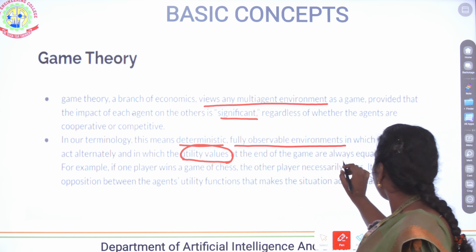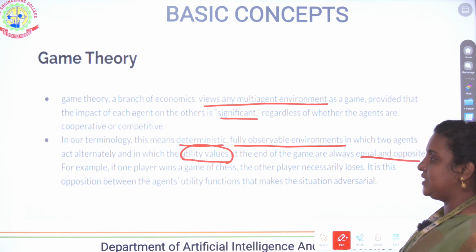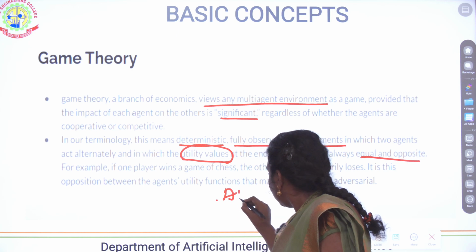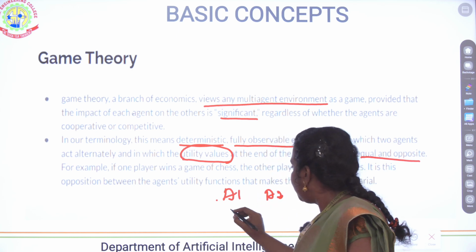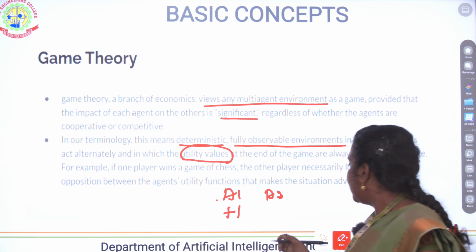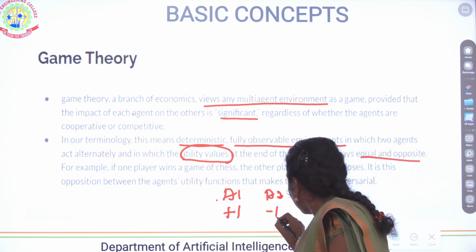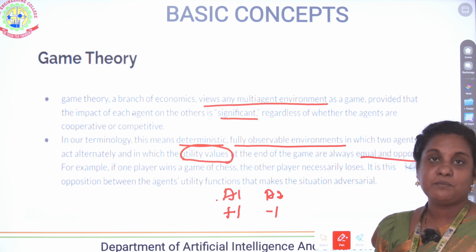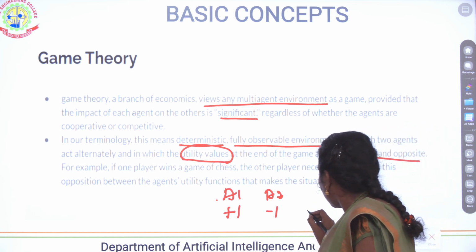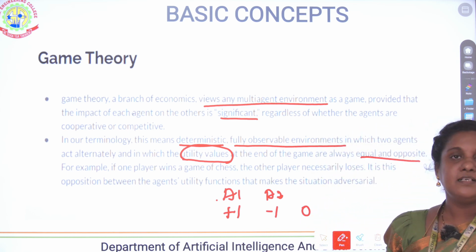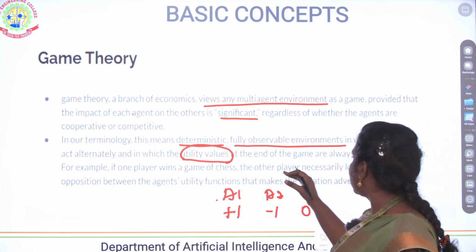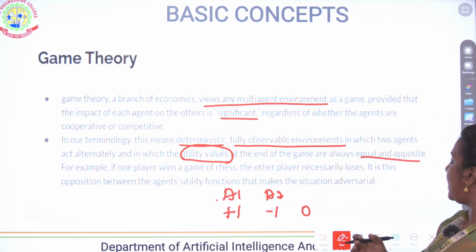At the end of the game they are always equal and opposite, which means if there are two players, if A1 wins, the utility value might be 1. If A2 wins, the utility value will be -1, which means A2 lost the game. If it is a draw, we can define the value as 0. So utility values at the end of the game are always equal and opposite.